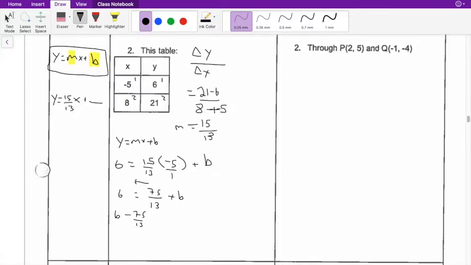Now we need that 6 to have a common denominator, so we need to multiply that 6 by 13. 13 times 6 is going to equal 78. So we change that to 78 over 13 minus 75 over 13, which equals b. And that will equal 75 minus 78 is 3 over 13.